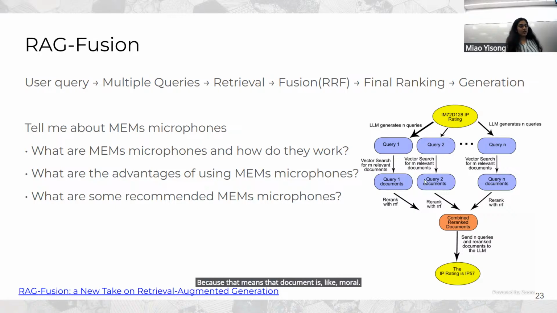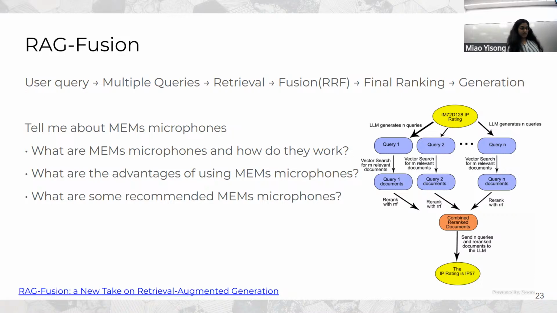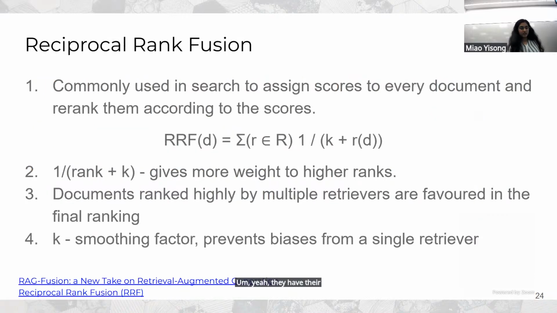So when you do RRF, documents that are retrieved more often would be given more priority. They would have a higher rank. Yeah, and they have a smoothing factor to ensure we don't have any biases.